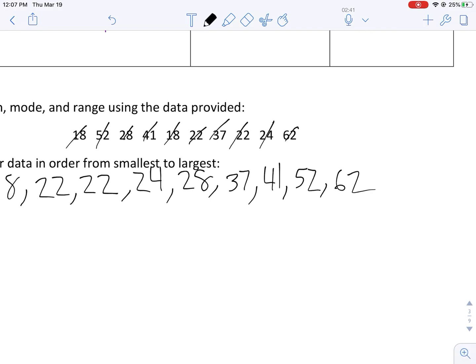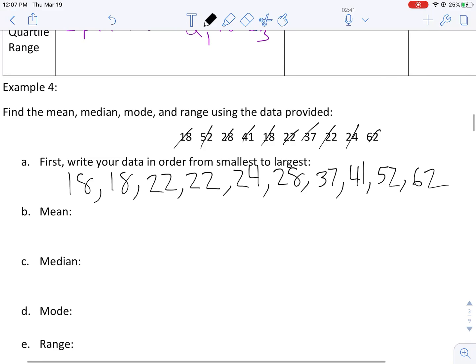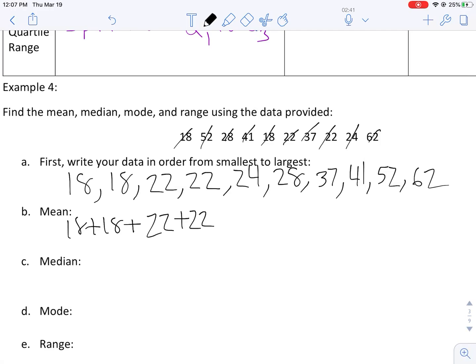Okay. So now that we've done that, I can go through and I can find my mean. So I'm going to add up all of those numbers. So I'm going to go 18 plus 18 plus 22 plus 22. And then I'm going to add 24 in.